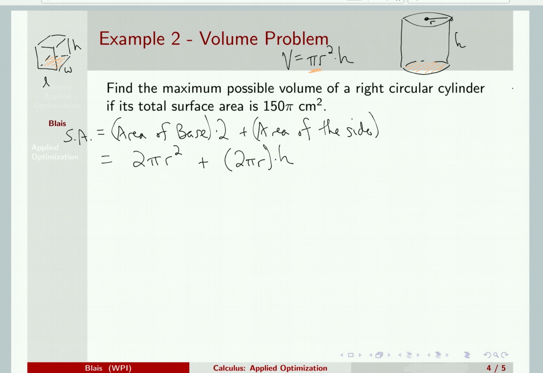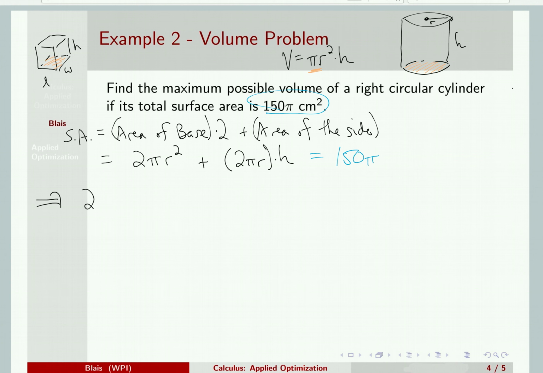So that's our surface area, and our constraint says it must be 150 pi. So this will allow us to get rid of one of the variables. And it's up to us. We can get rid of h or get rid of r. Looking at this, it's going to be easier to solve for h than it is to solve for r. This is quadratic in r and linear in h. So let's solve for h.